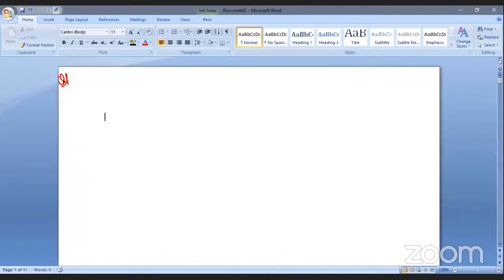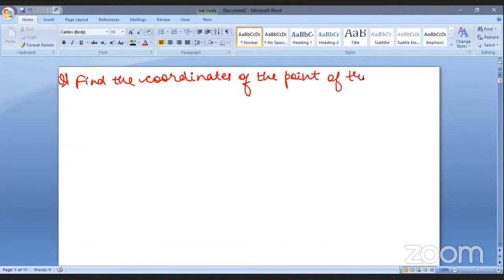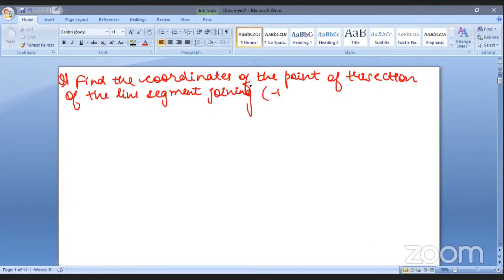Question is, find the coordinates of the point of trisection of the line segment joining... oh sorry, it is not -1, I'm so sorry, it is 1 only. 1, -2 and -3, 4.